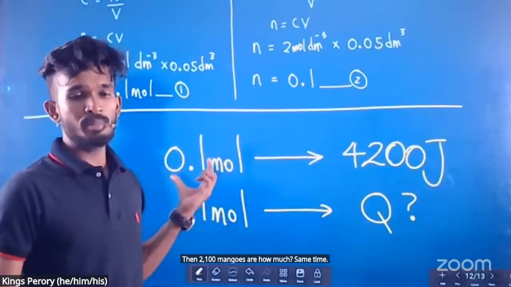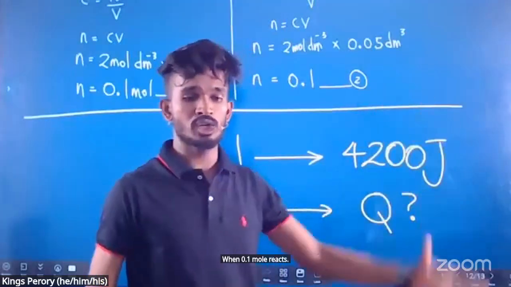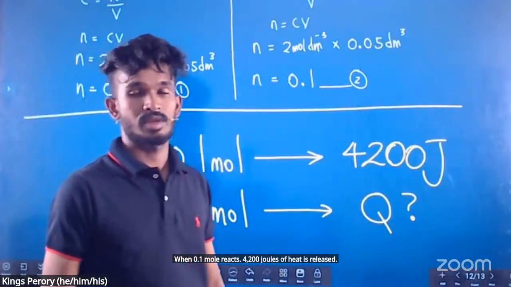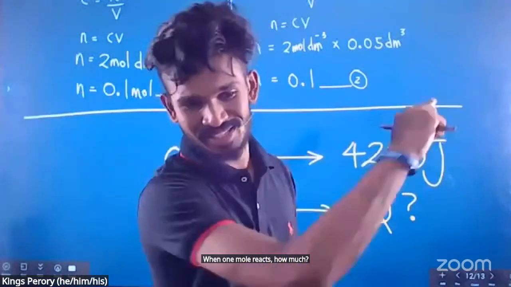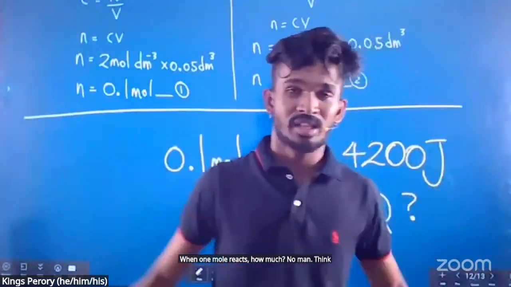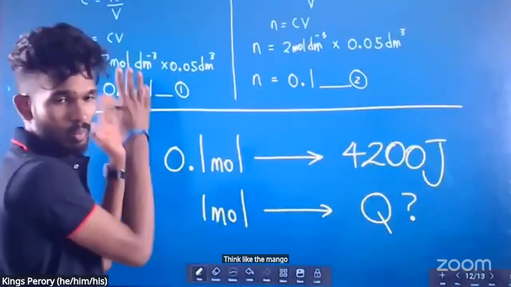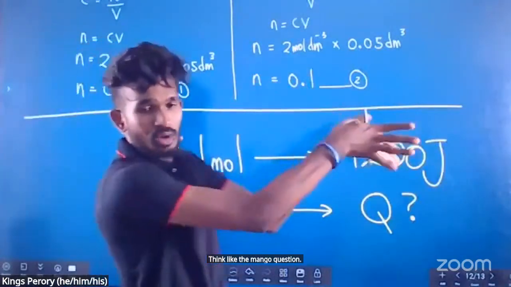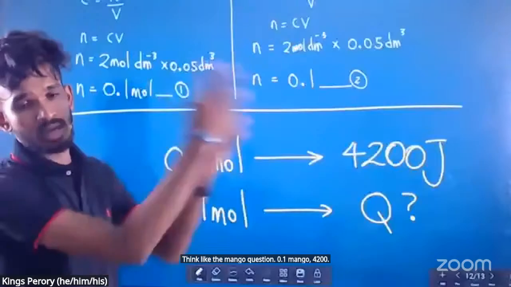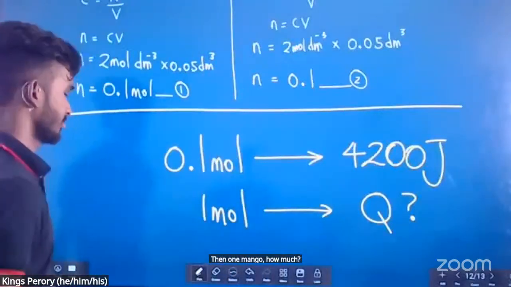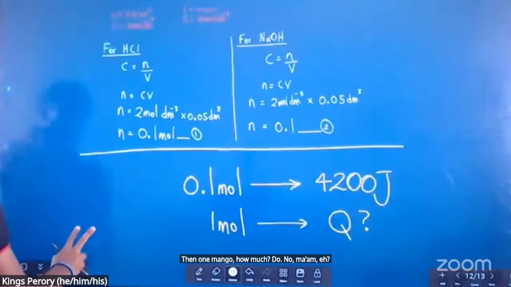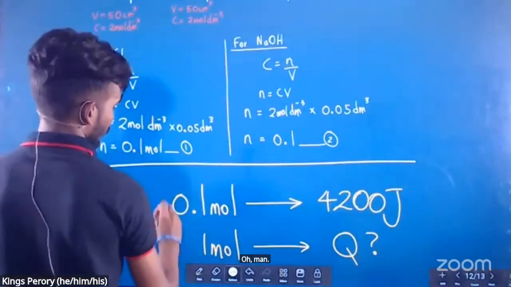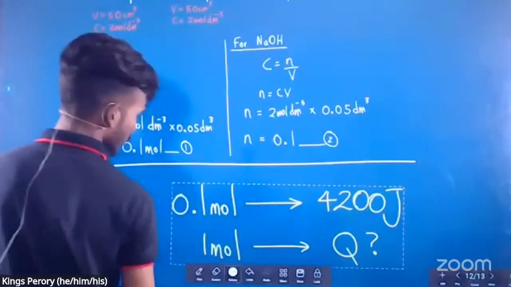When 0.1 mole reacts, 4,200 joules of heat is released. When 1 mole reacts, how much? Think like the banana question, like the mango question. 0.1 mango, 4,200; then 1 mango, how much? Now maths. Understood the logic I have applied?